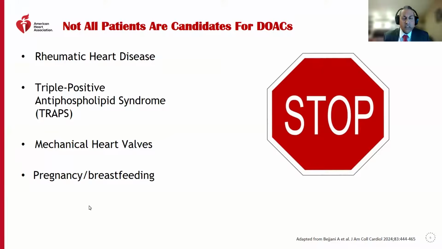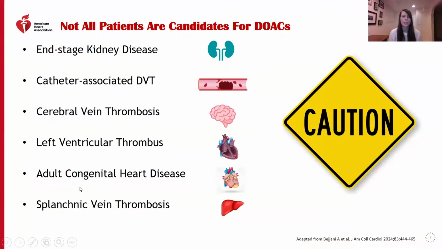And I know we're going to talk about this a little bit later, but when thinking about the institution or health system perspective, when you think about protocols, guidances on how you want to steer clinicians towards selecting the appropriate anticoagulant, these may be some of the factors you want to build into your EHR. There are a few additional conditions for consideration that, again, may be contraindicated or the evidence is unclear at this point. Dr. Carmen, do you have any specific comments you'd like to make about any of these conditions?